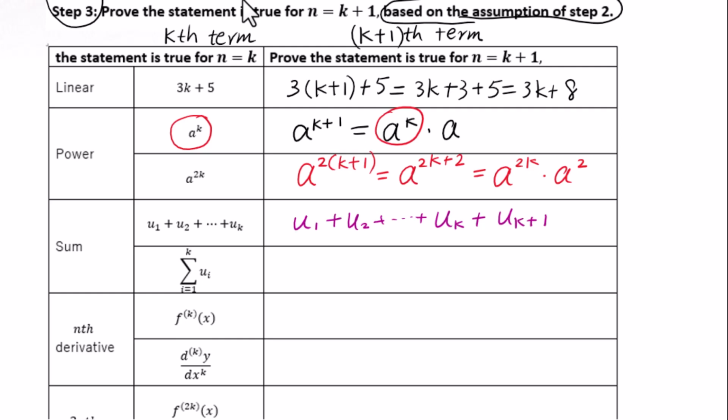For sigma notation of summation, the next term will be the summation i from 1 to k plus 1 of u sub i. That equals the summation i from 1 to k of u sub i plus u sub k plus 1.